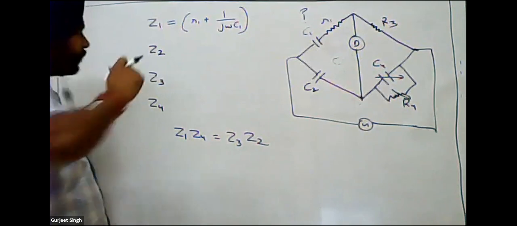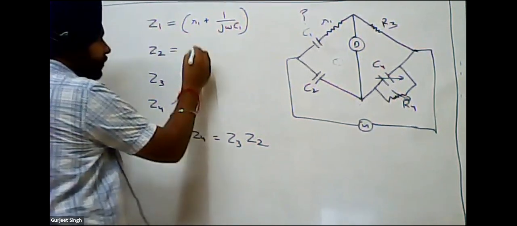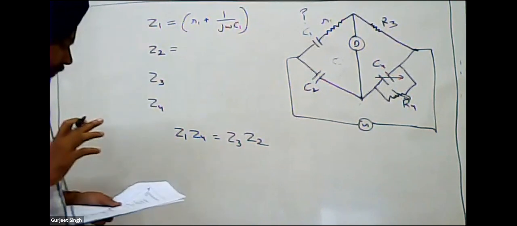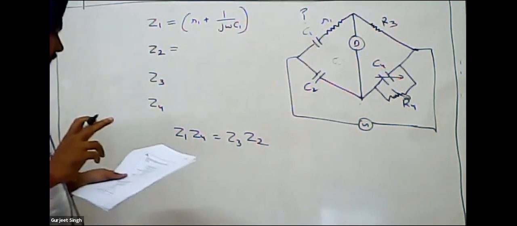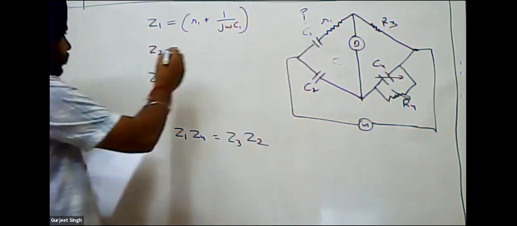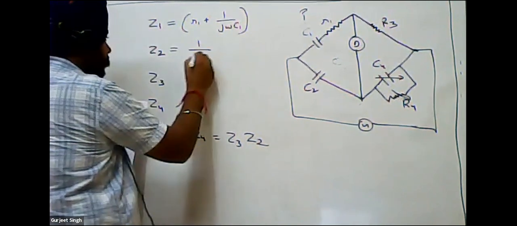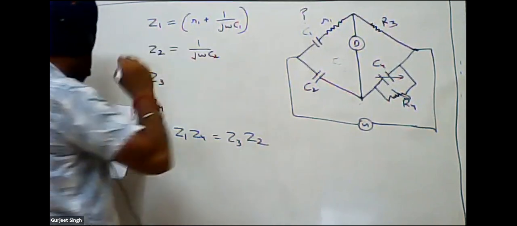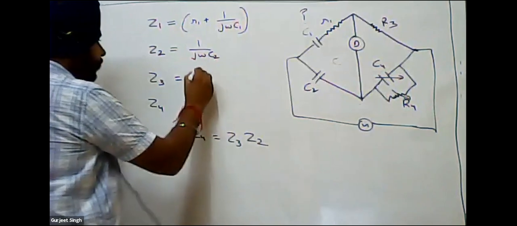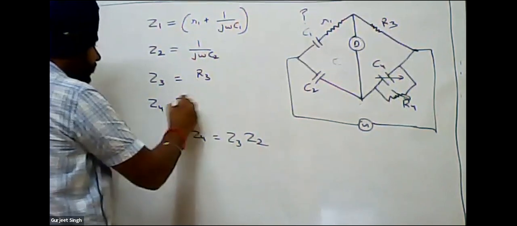Next we have Z2. In Z2 we have only the capacitor C2, so we write Z2 as 1 upon j omega C2. Z3 is only the resistance R3.